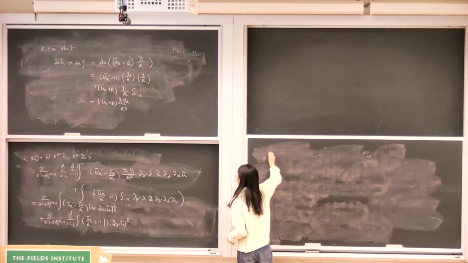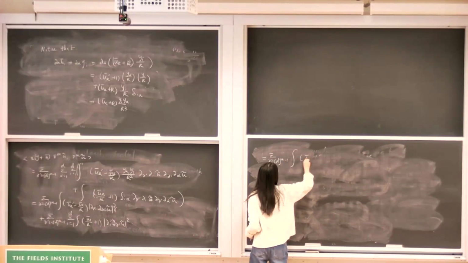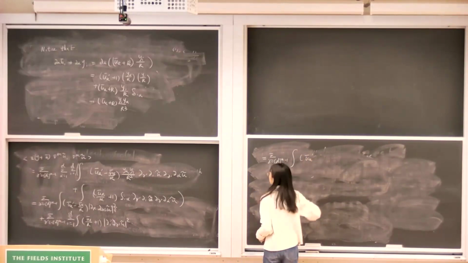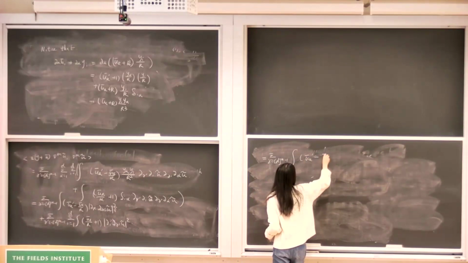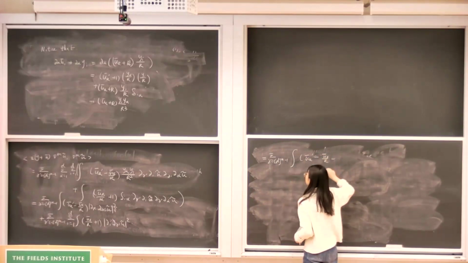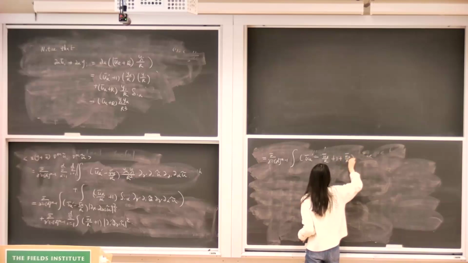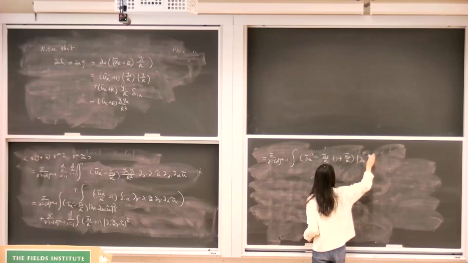So this gives you the summation UR prime minus UR over R plus 1 plus UR over R. This is the radial part.